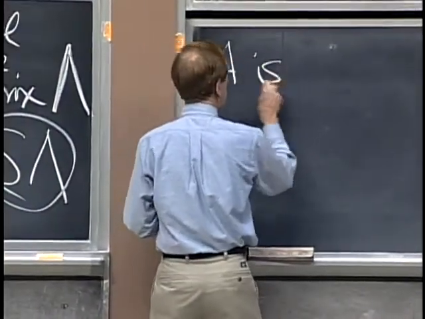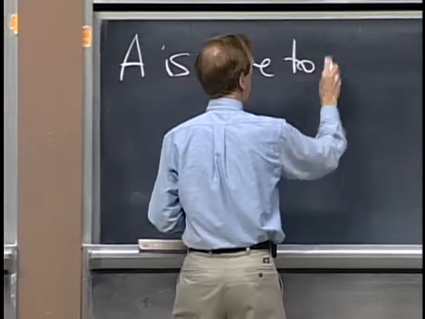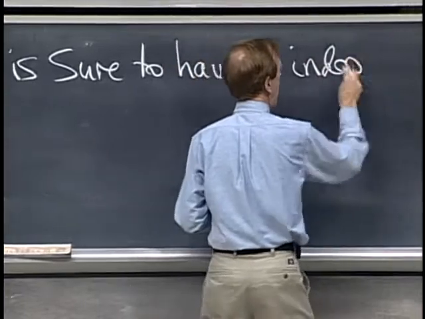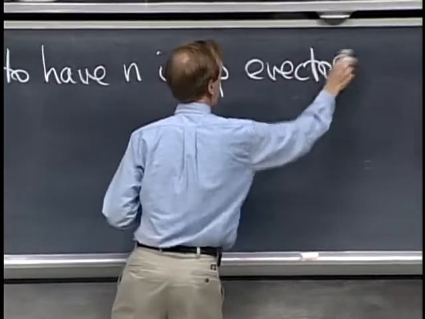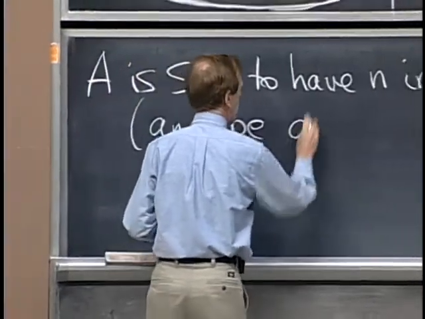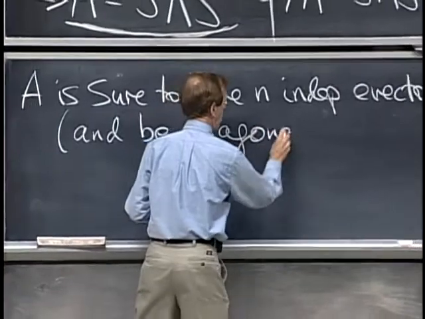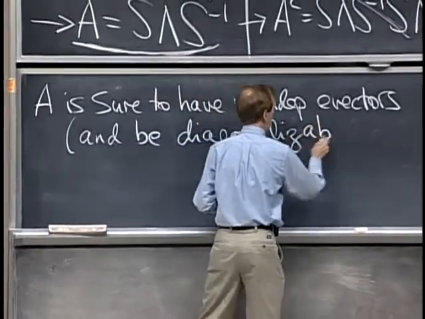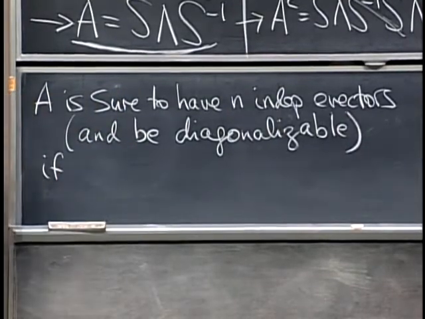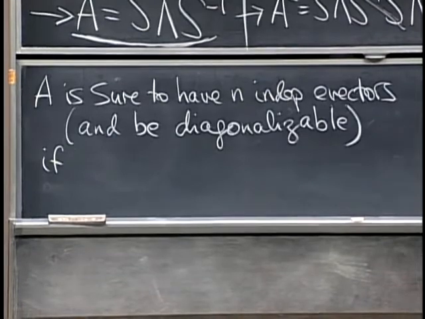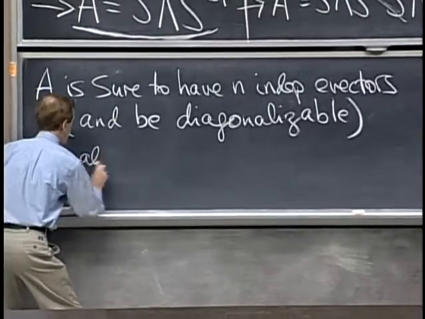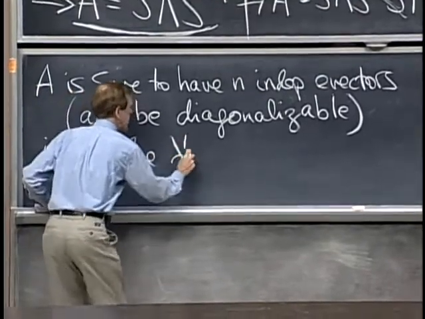A is sure to have n independent eigenvectors, and therefore be diagonalizable, if, so we might as well get the nice case out in the open, the nice case is if all the lambdas are different.